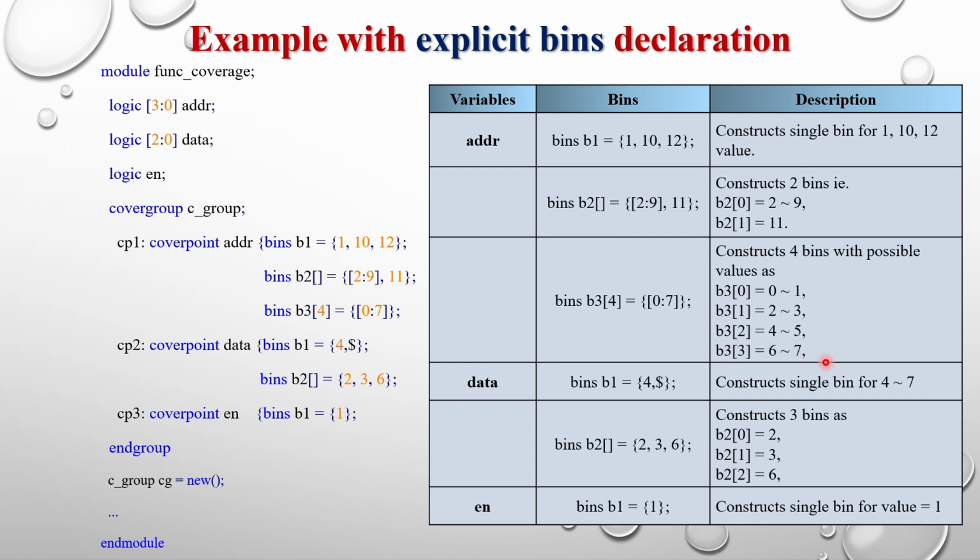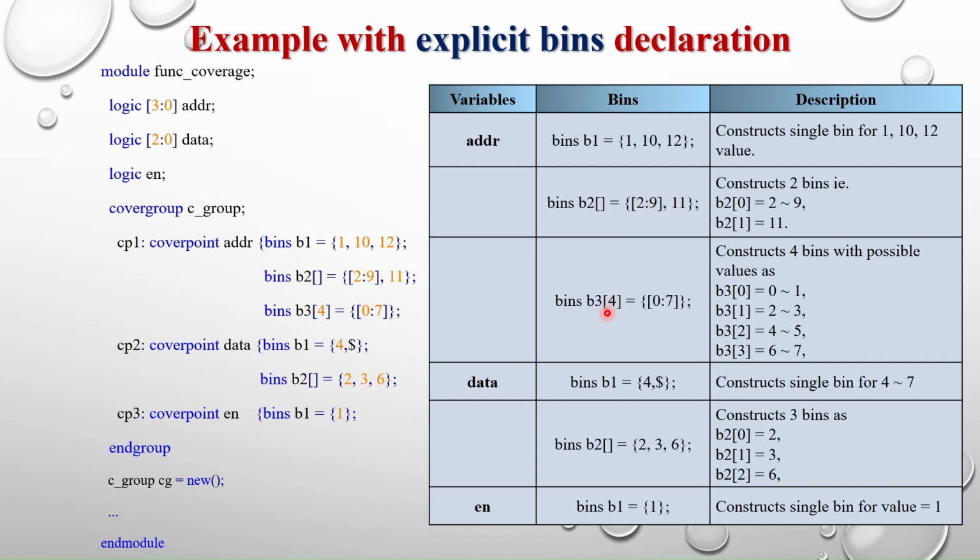So the last bin will get the remaining values when the number of elements is not even. And you have to consider the total elements. If you have 0 down to 7 comma 10, then it is not 2 elements, it will be 9 elements. When the size is not specified, the number of bins will equal the number of elements, and here the comma separates the elements.